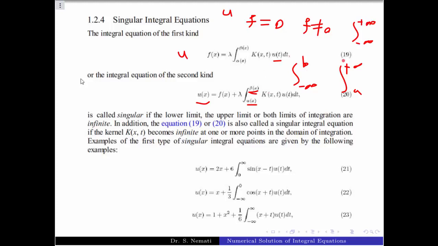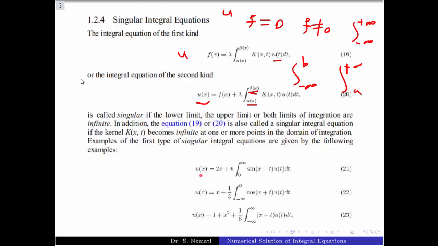For all these three situations, we call these two integral equations singular integral equations. So one type of singularity refers to these situations that one or both limits of integration are infinite.